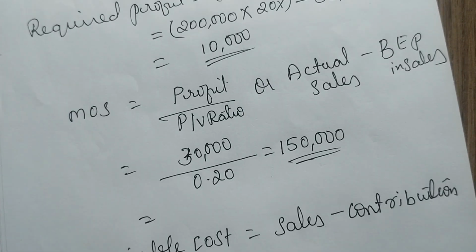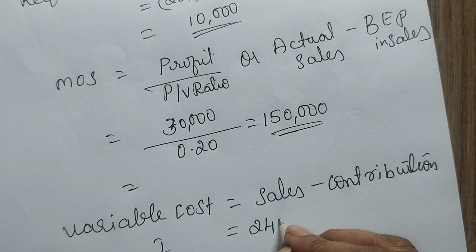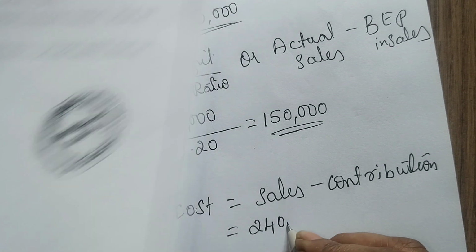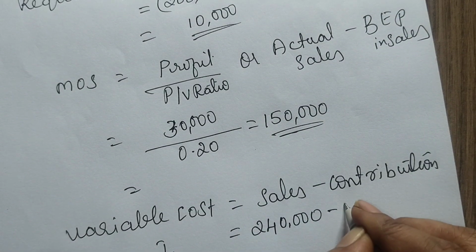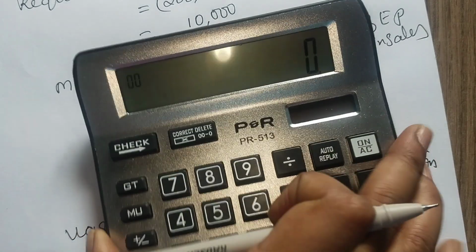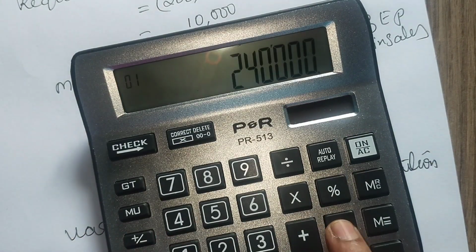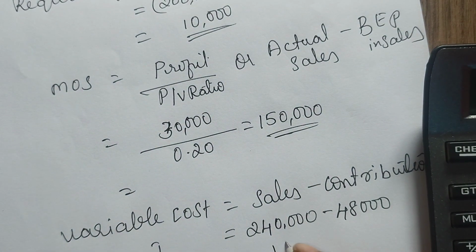So now we want variable cost. What is the sale? First year sale is 2,40,000. 2,40,000 minus first year contribution 48,000 is 1,92,000.